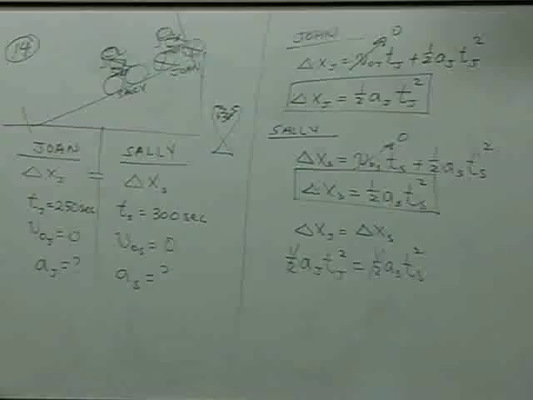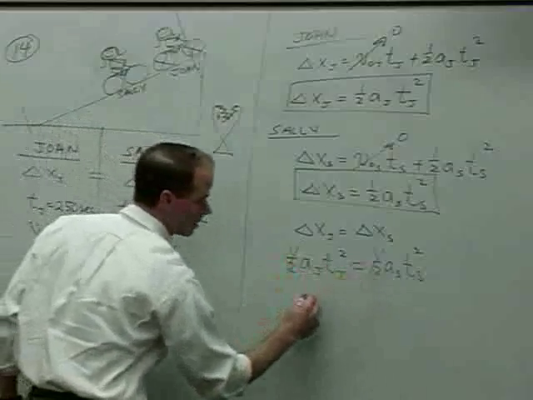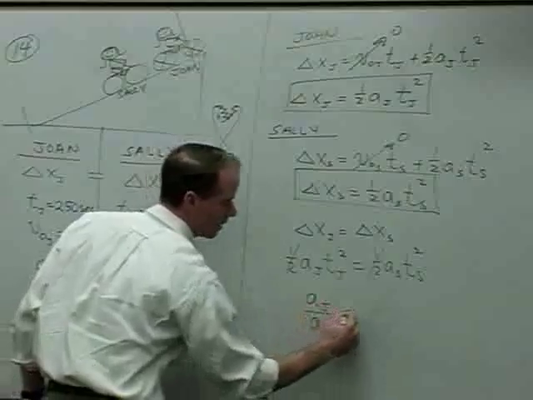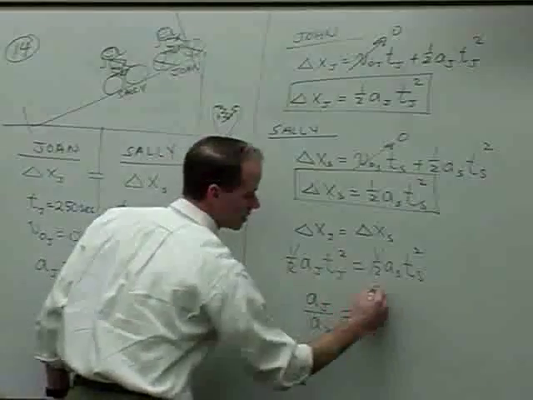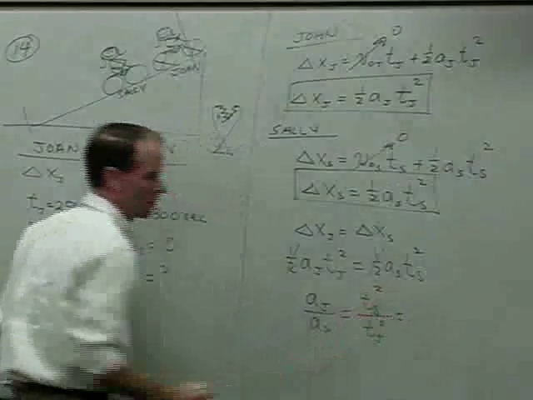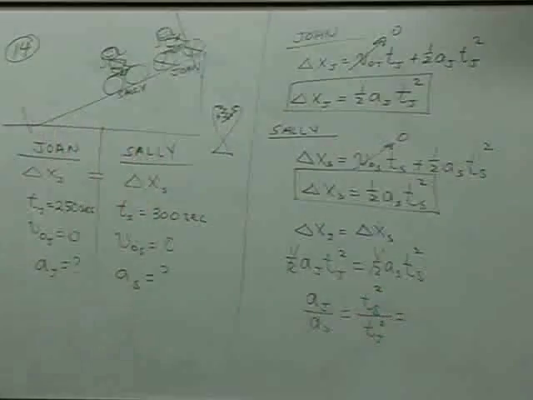And so, state what's the ratio of Joan's acceleration to Sally's acceleration. Just rearranging this, the acceleration of Joan divided by the acceleration of Sally will equal the time for Sally squared over the time for Joan squared. Just rearranging that formula right there.